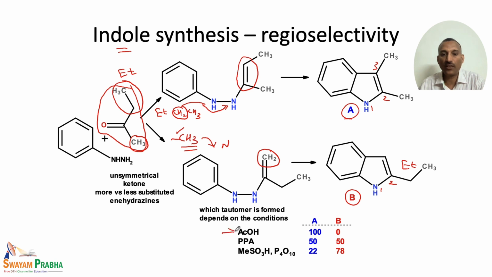So, if you are using acetic acid for this particular reaction, then the product A is formed in 100%, and when we use methanesulfonic acid and P2O5, that is phosphorus pentoxide, that gives B as the major product, that is 78% of B is formed. And when we use simply PPA, that is polyphosphoric acid, we get a 1:1 ratio, that means A and B are formed in 50-50 ratio. So, depending on the reaction condition, we can get different types of products. So, this is how the regioselectivity is controlled in these kind of reactions.